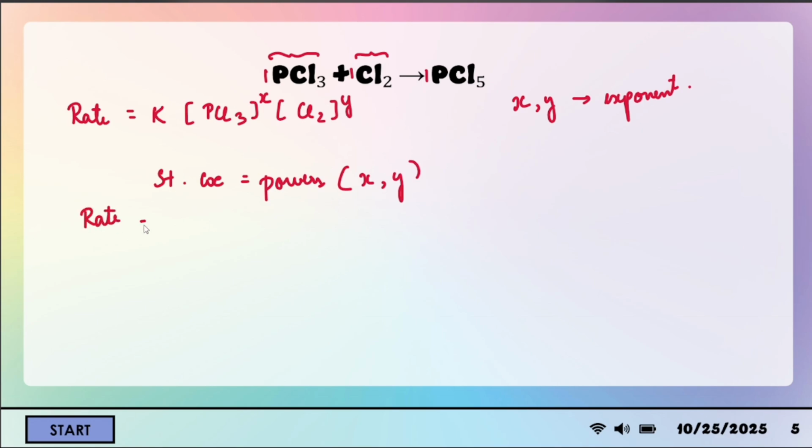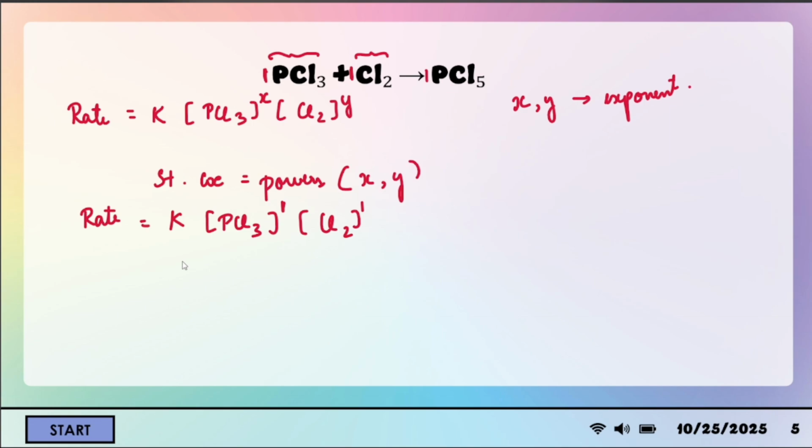Rate is equal to K [PCl3]. What is the stoichiometric coefficient of PCl3? It is 1, right? Yes. Then we have to put 1 there. And for Cl2, what is the stoichiometric coefficient? It is also 1. So that's it, students. In this case, the stoichiometric coefficient is equal to the power, that is x and y.